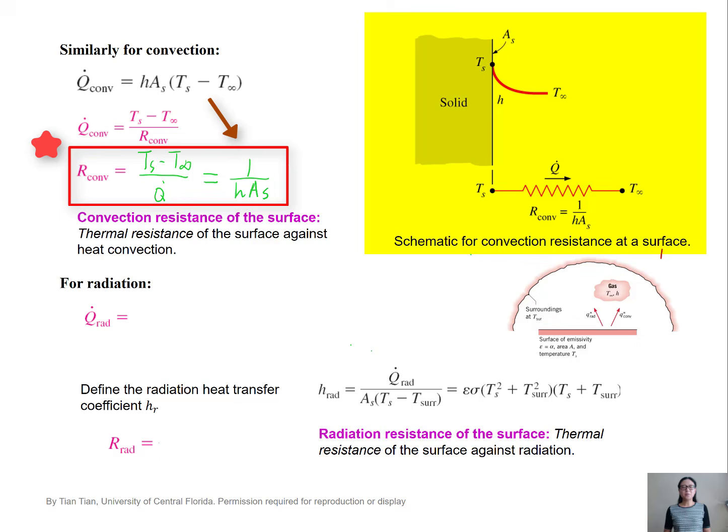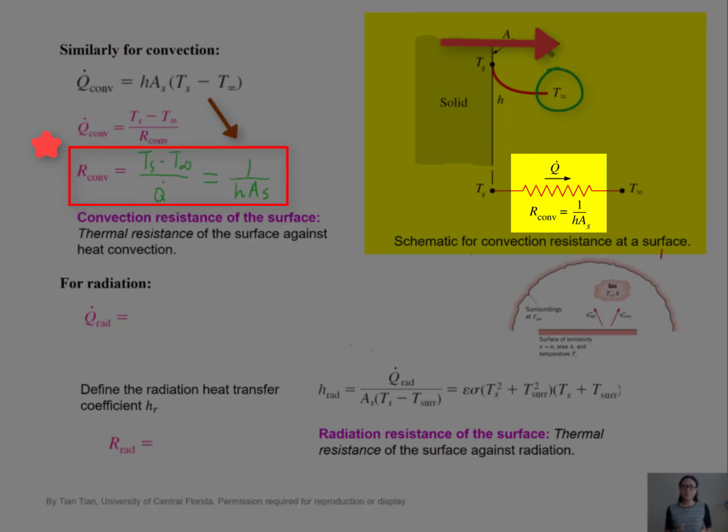To understand the physical meaning of convection resistance, let's consider convection heat transfer from this wall. We know temperature of the fluid T infinity is unlikely to be Ts, but it's lower than Ts. It's like there's a resistance between the surface and the fluid that resists heat to flow freely in between.